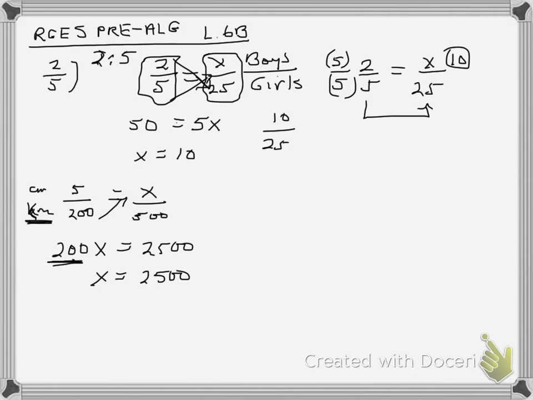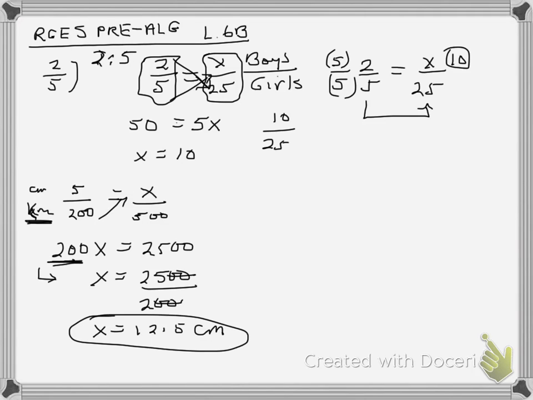That would leave me with 2500 over 200. I'd cross through my 2 zeros like that, and 25 divided by 2 is 12.5. And so I would need 12.5 centimeters to represent 500 kilometers.